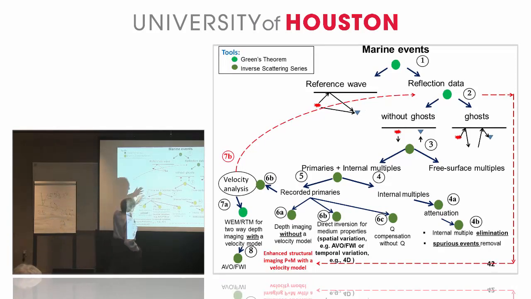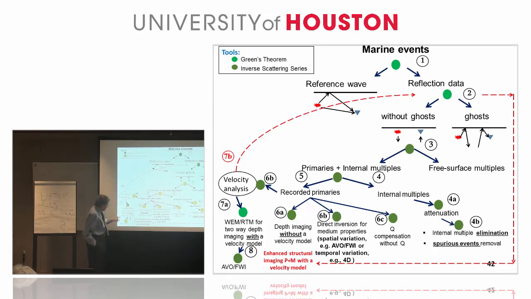The chart is, you get reflection data, you go through all the things we say, including multiple removal. From multiple removal, you get recorded primaries. Yes? By recorded, I mean you can extrapolate, interpolate, yes? But as after you get rid of all the multiples, this is what you're going to get, basically. Then with these recorded primaries, you can do a velocity analysis.